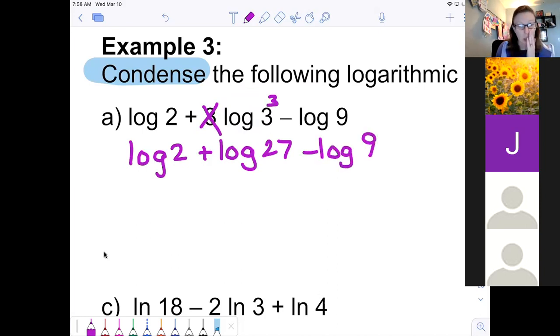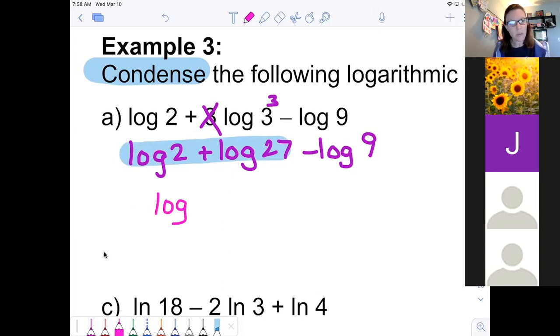All right, Gabby Snyder, if I move from left to right, because that's how order of operations are supposed to go, the first pair on the left, say addition, how would you condense them? So if I'm adding and I want to pull them back together, what do you think you'd do with the 2 and 27? Would you multiply them together?